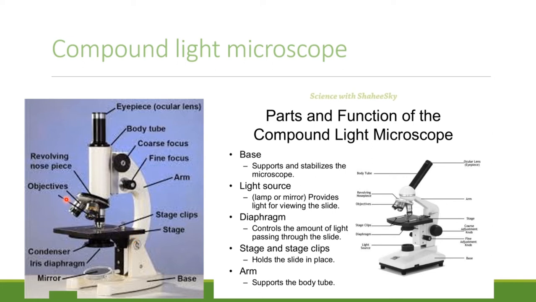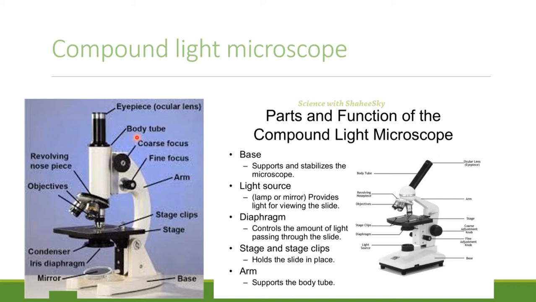There are objectives. Three types of objectives are found in light microscopes: low power, medium power and high power, with a revolving nosepiece. The eyepiece is the prominent part of the microscope, where we can see the object.